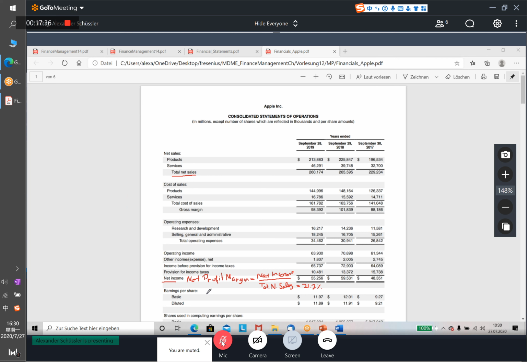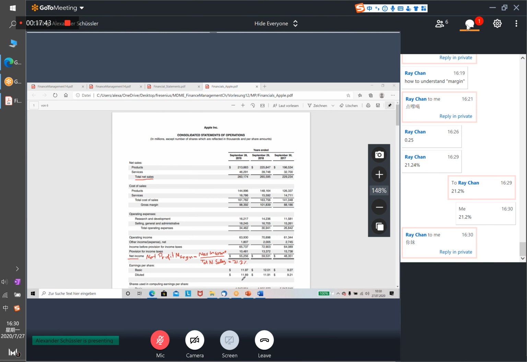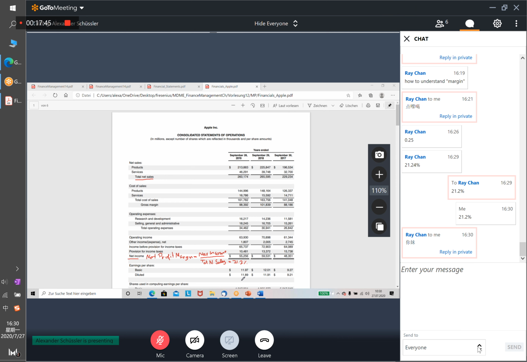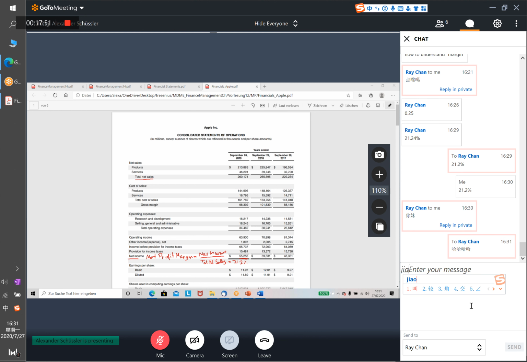And here, what you see is earnings per share. What earnings per share is: you take the net income, here, this is the net income, and divide it by the number of shares outstanding.